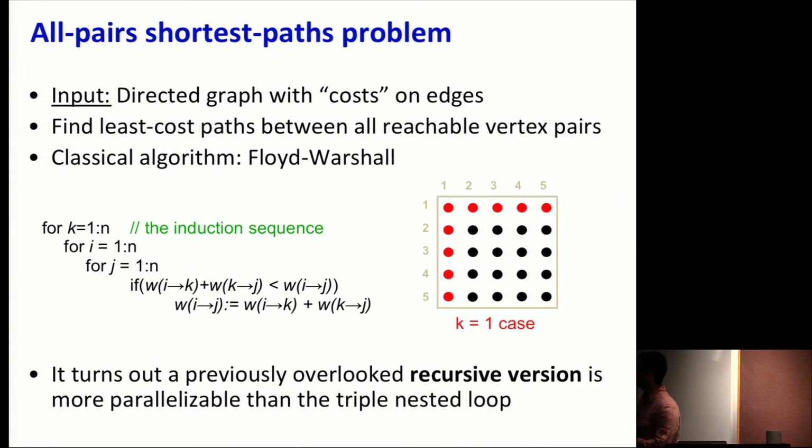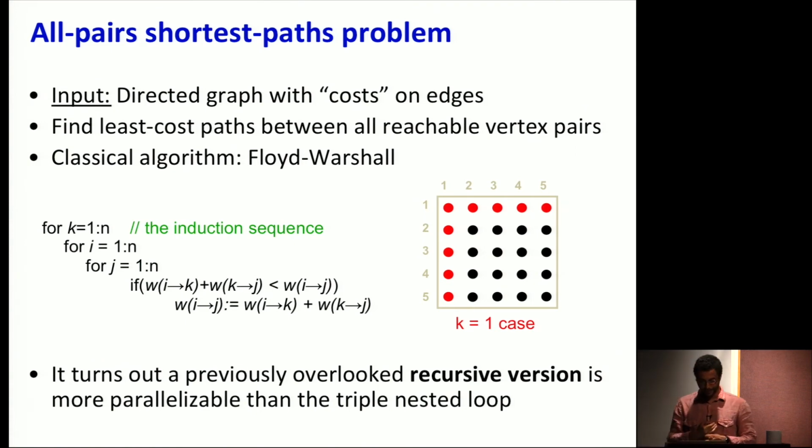And the standard algorithm is a triple nested loop that looks awfully like matrix multiplication, where you do an induction over k and do rank 1 updates, and essentially relax all the vertices. You can't reorder the outermost loop, so that needs to be k, but you can reorder the innermost loops.